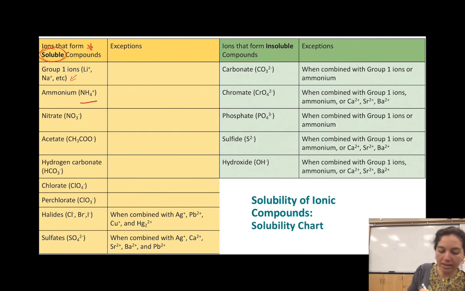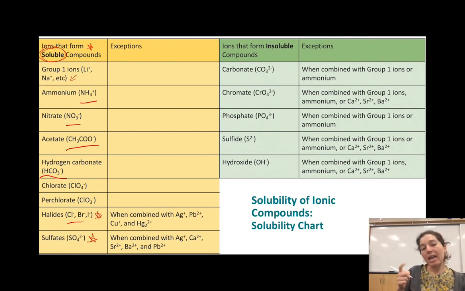NH4 plus is soluble. Nitrates are, acetates are, HCO3 minus. Here we go. This is what we used in the example problem, Cl minus and SO4 2 minus. So Cl minus is always soluble unless one of these exceptions occurs.